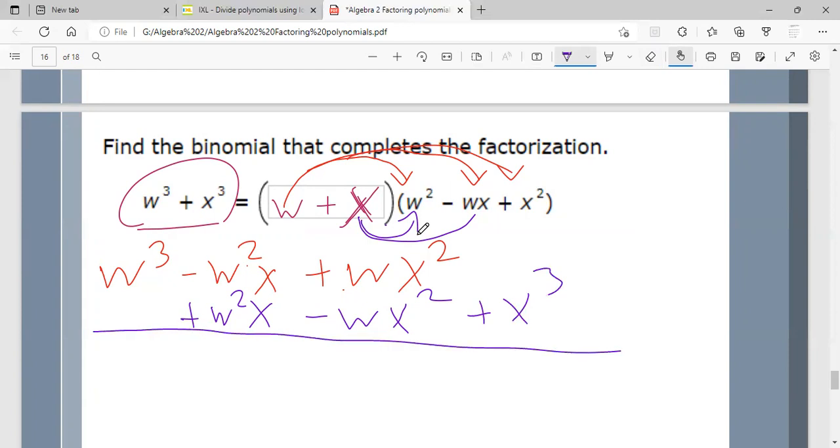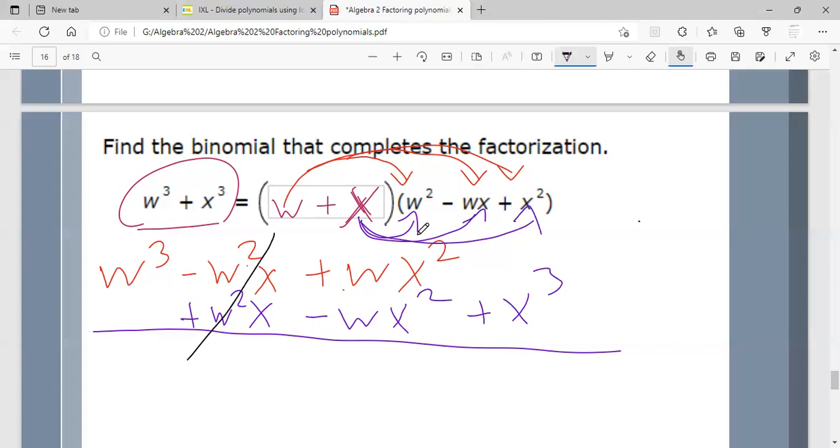All right, so guess what? We got some things that could cancel out, can they? I forgot to draw my arrow so you guys could visually see how I got those. All right, let's go ahead and make some magic happen. We got some things that could cancel out.